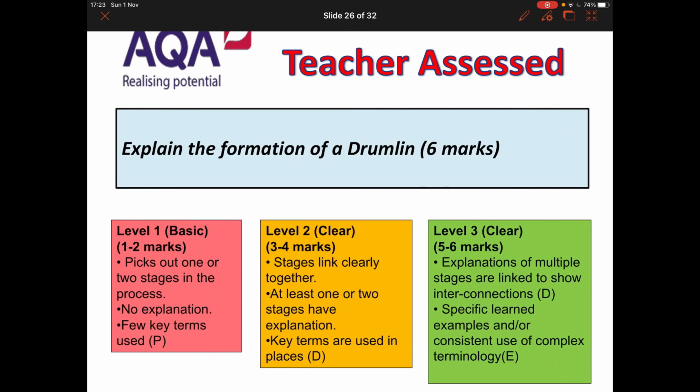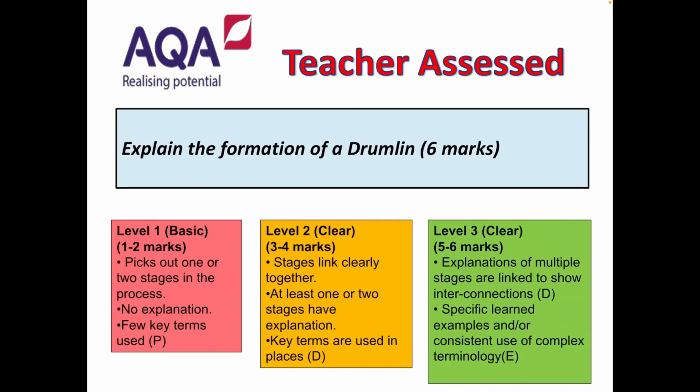And another question you might get is potentially a 6 marker on this. So explain the formation of a drumlin for 6 marks. Now remember, anything in the exam that's 4 marks or over is going to be levelled marked. And there is a copy of the mark scheme, so you can see what is expected to gain 5 or 6 marks there.